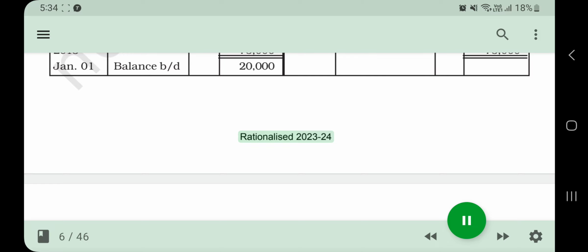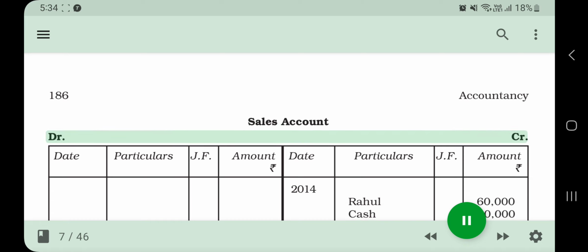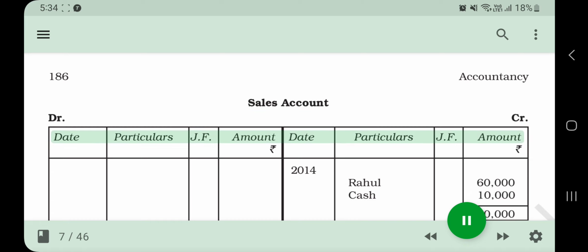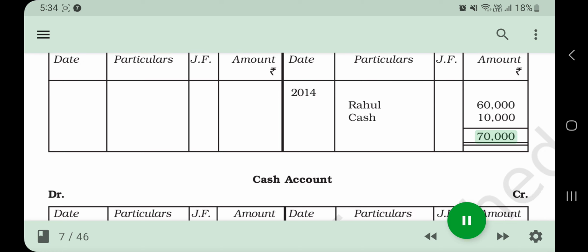Sales account. 2014 Rahul 60,000; Cash 10,000; total 70,000.